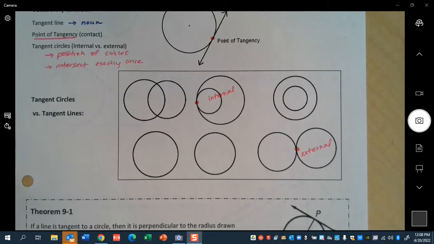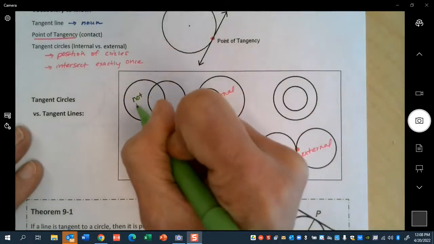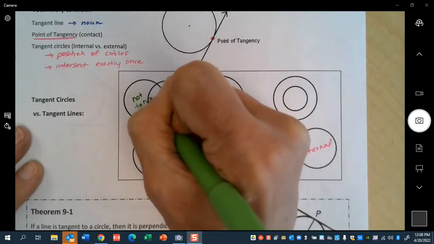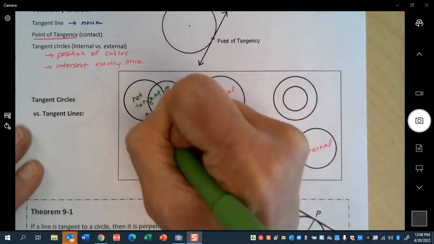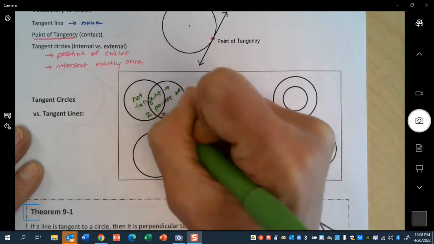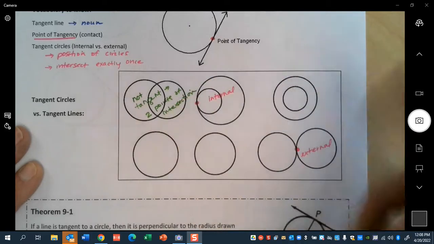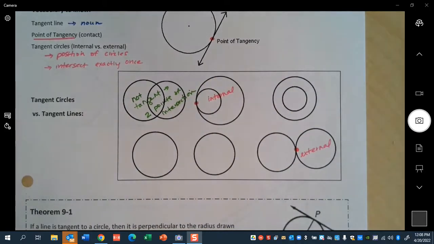Why are these circles not tangent? Yeah. These circles are not tangent, they have no points of intersection. Why are these circles not tangent? Because they don't intersect.